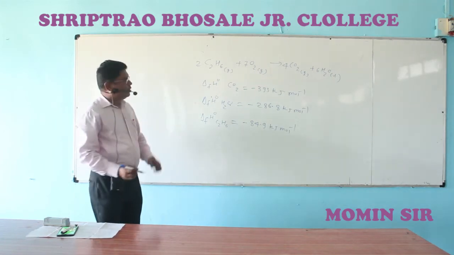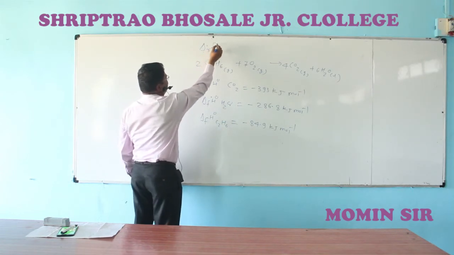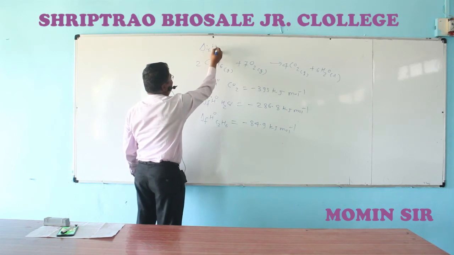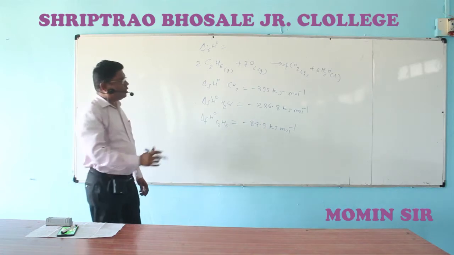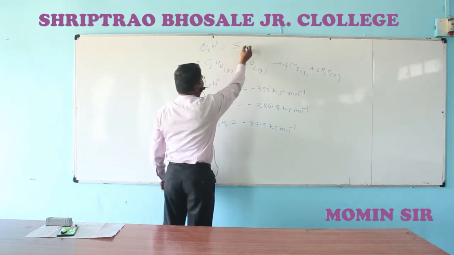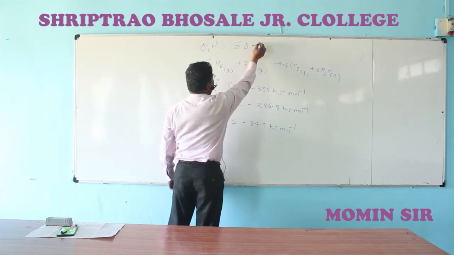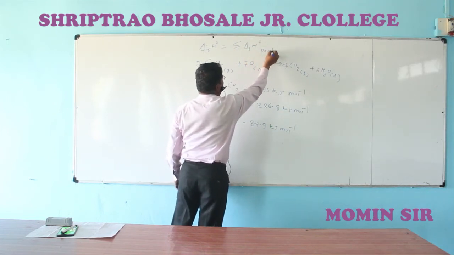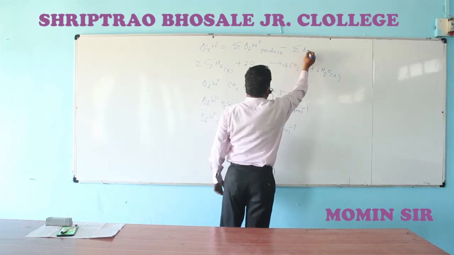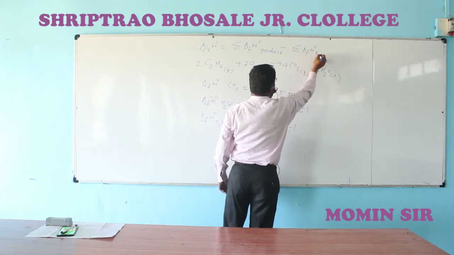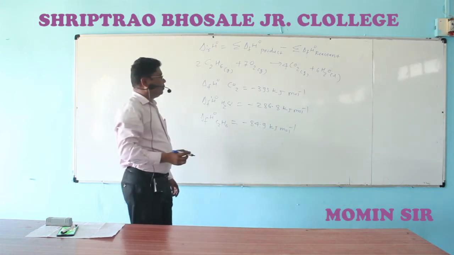You know the formula: standard enthalpy of reaction is equal to the summation of standard enthalpy of formation of products minus the summation of standard enthalpy of formation of reactants.